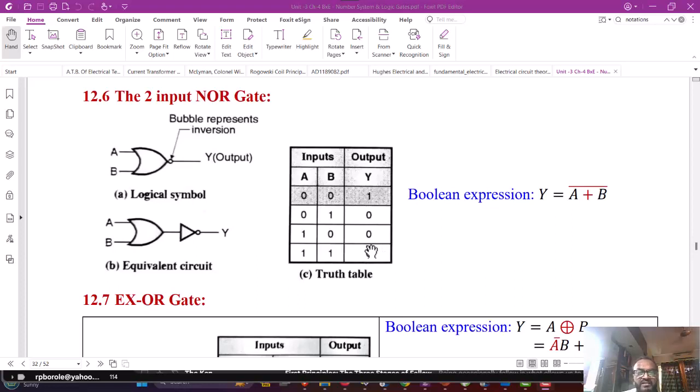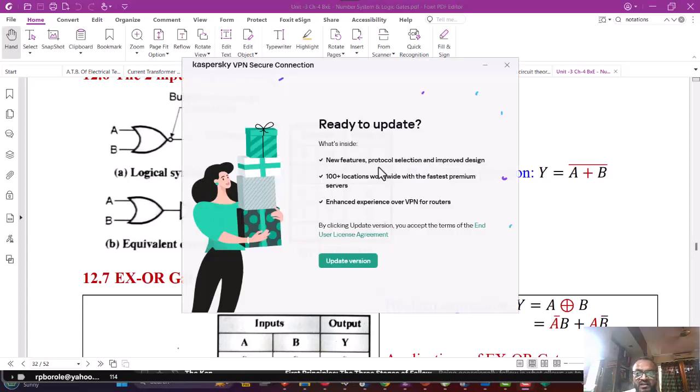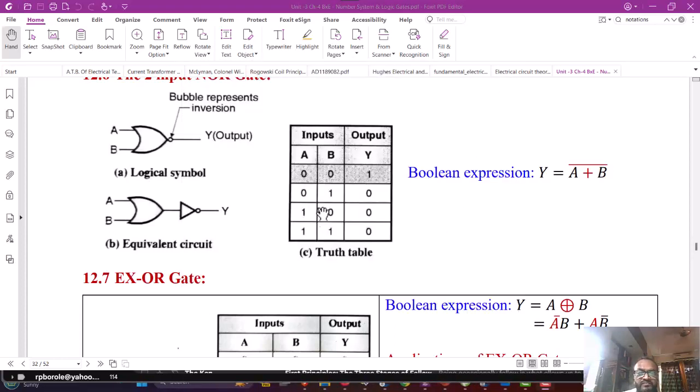We can summarize this operation in a single line as the output of NOR gate is always logic 1 when all the inputs are in the low state. Whereas when the inputs are dissimilar, then output Y of the NOR gate will be 0.